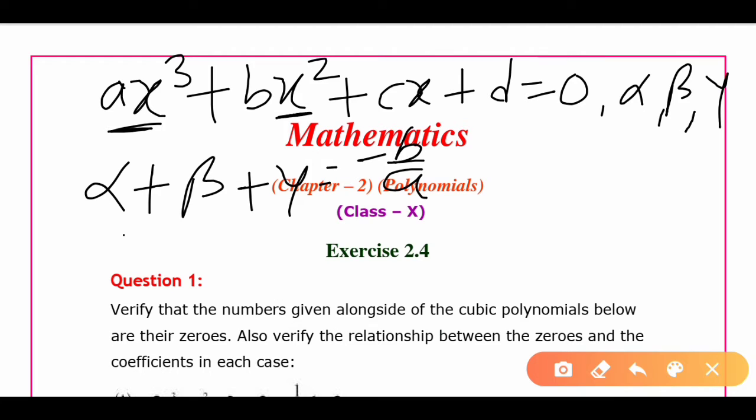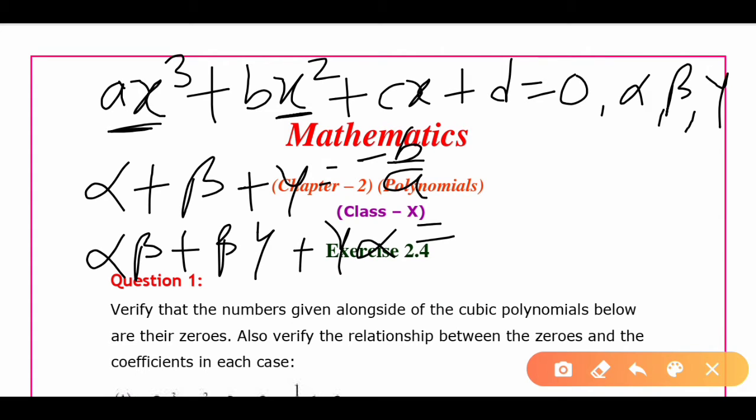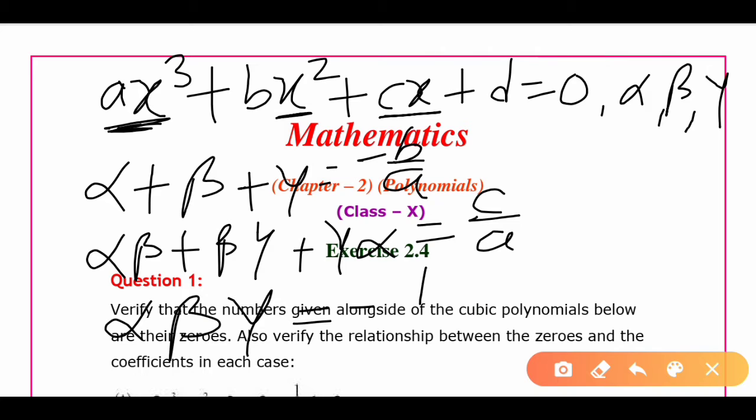Next one, alpha beta plus beta gamma plus gamma alpha will be equal to c upon a, or we can say coefficient of x upon coefficient of x cube, and alpha into beta into gamma, that means the product of the zeros, will be equal to minus d upon a, or we can say minus of the constant term upon coefficient of x cube.